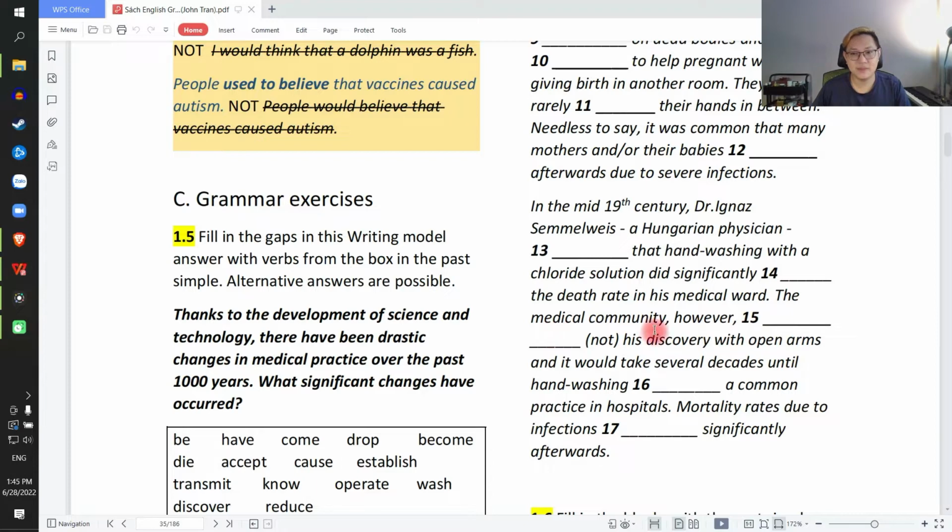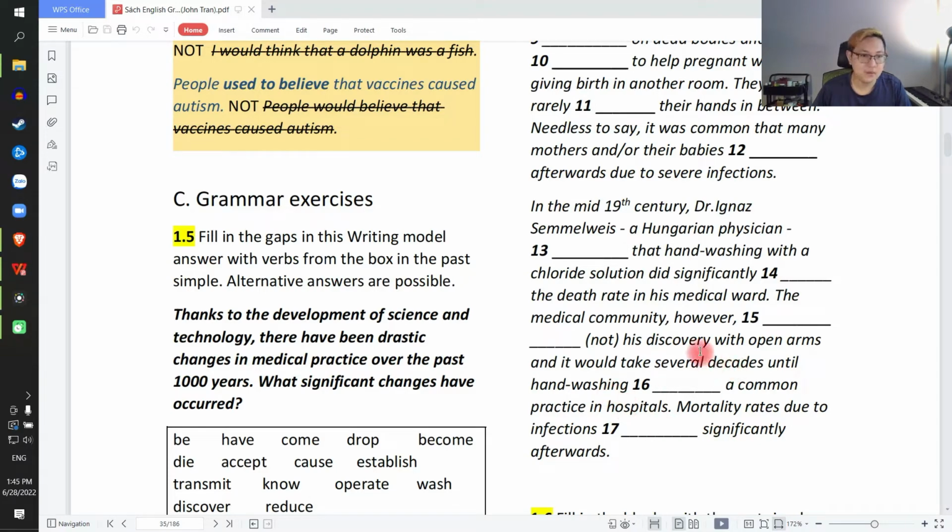The medical community, however, did not accept his discovery with open arms, and it would take several decades until hand washing became a common practice in hospitals. Mortality rates due to infections dropped significantly afterwards.